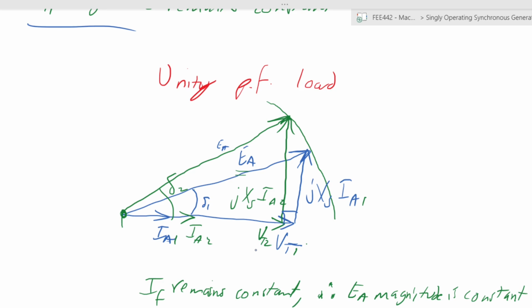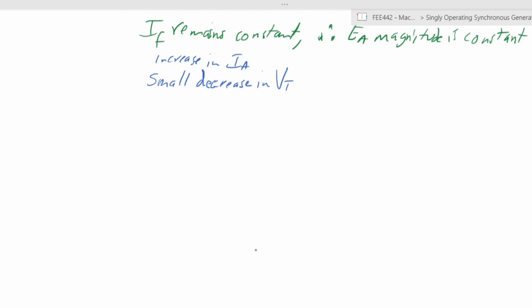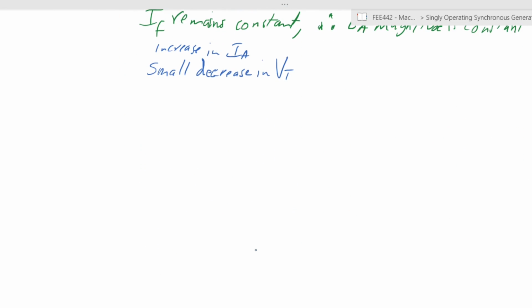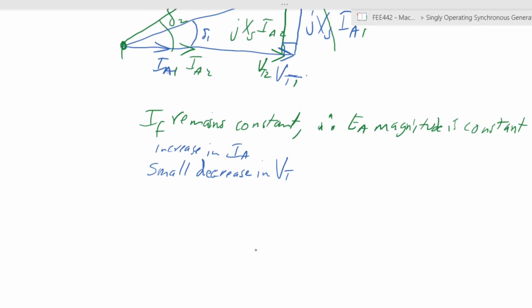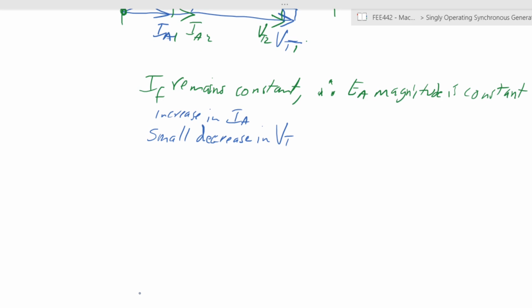So finally, for this example, let's look at what happens when we have a leading power factor. So same scenario, our VT is there, and you have IA at a leading power factor, which looks like that.